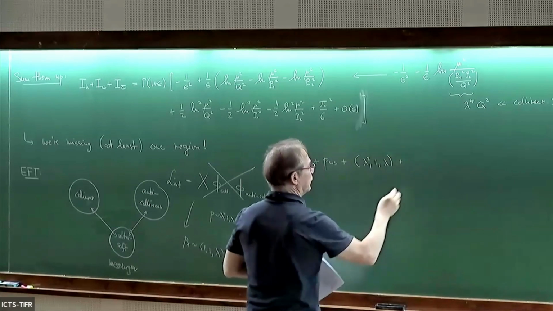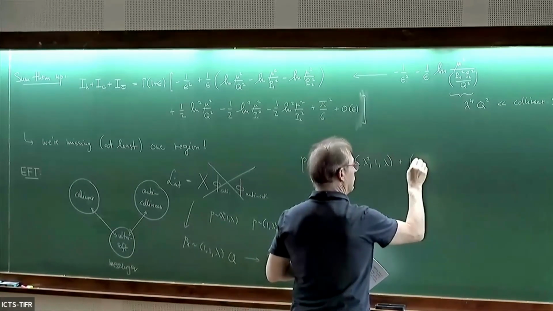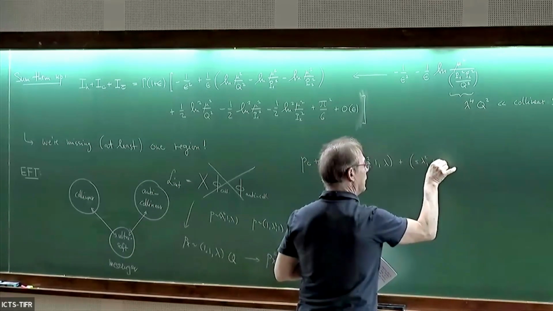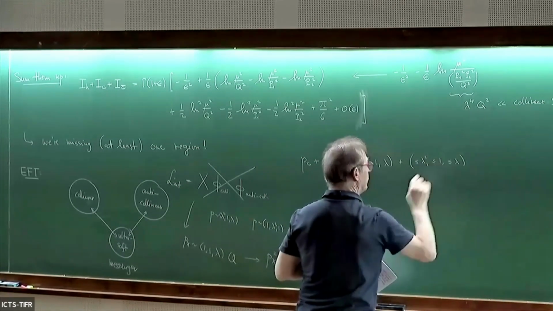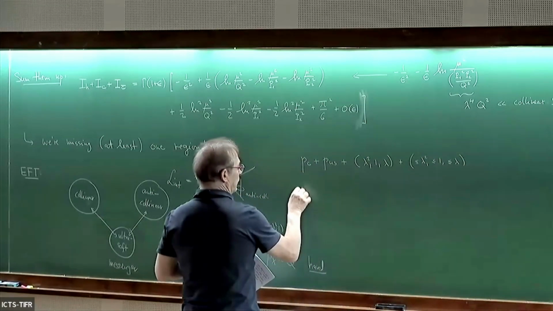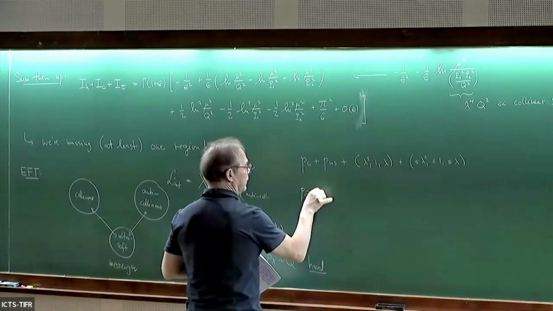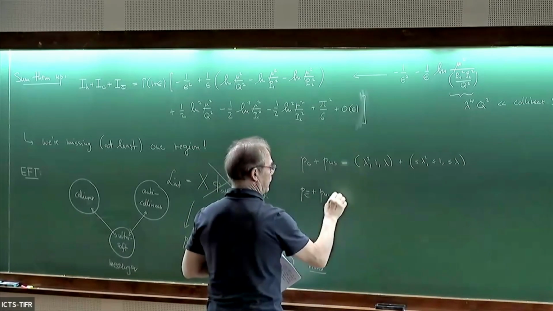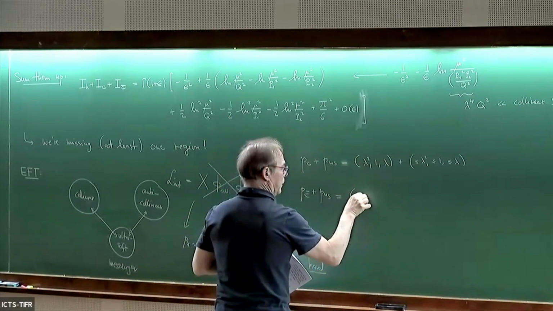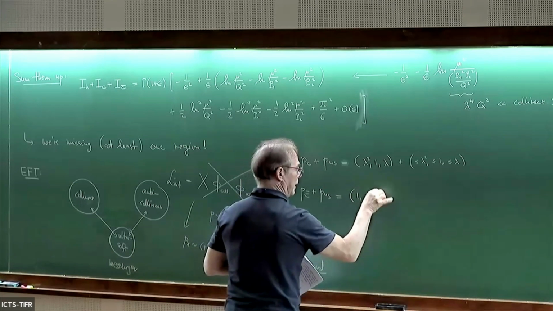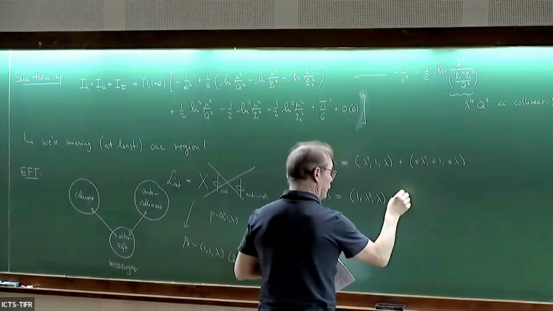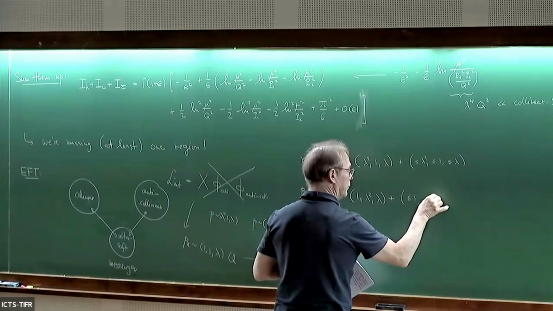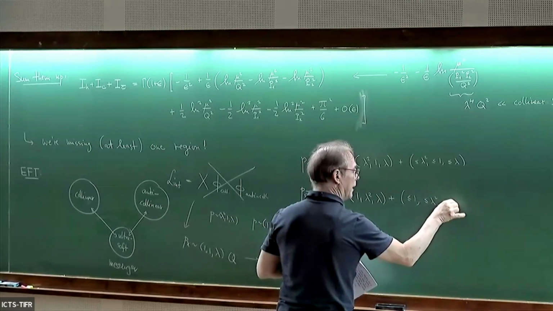So the ultrasoft has to be less than or equal to lambda squared, less than or equal to 1, less than or equal to lambda. I can do the same again for the anticollinear. Here I get (1, lambda squared, lambda). And now the ultrasoft should be less than or equal to 1, less than or equal to lambda squared, less than or equal to lambda.